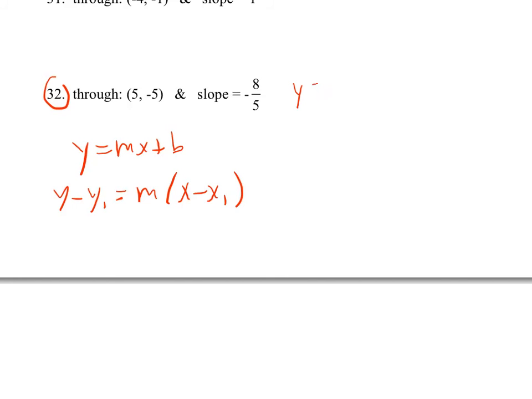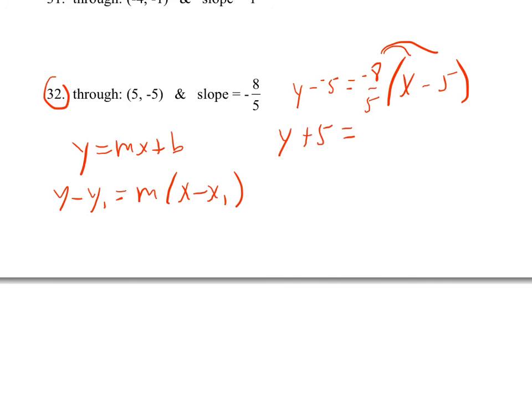So y equals the y value, using our equation, we say y minus the y value, which is negative 5, equals m, our slope, which they tell us is negative 8/5, and x minus the x value. So we have y plus 5, because minus and negative is plus 5.